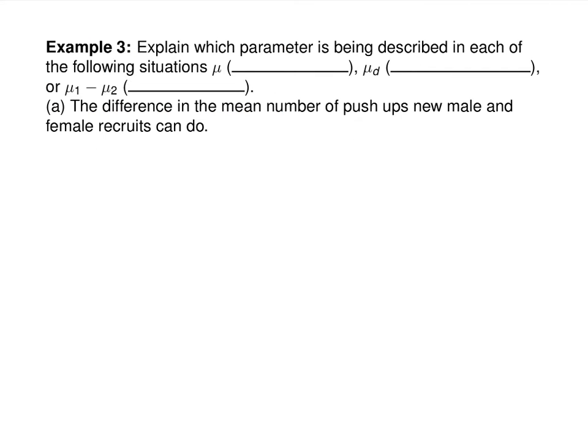So explain which parameter is being described in each of the following situations. Mu, which is just one population mean. Mu sub d, which is the paired difference. Or mu1 minus mu2, which is two sample means.